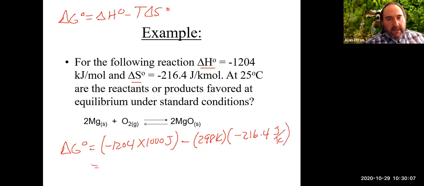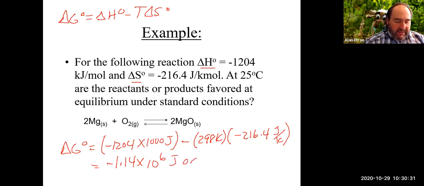And if we do all that, let's see, minus 1204 times 1,000 minus 298 times minus 216.4. Looks like we get something like negative 1.14 times 10 to the 6 joules, or if we convert it into kilojoules, which is what delta G usually is, minus 1140 kilojoules here.